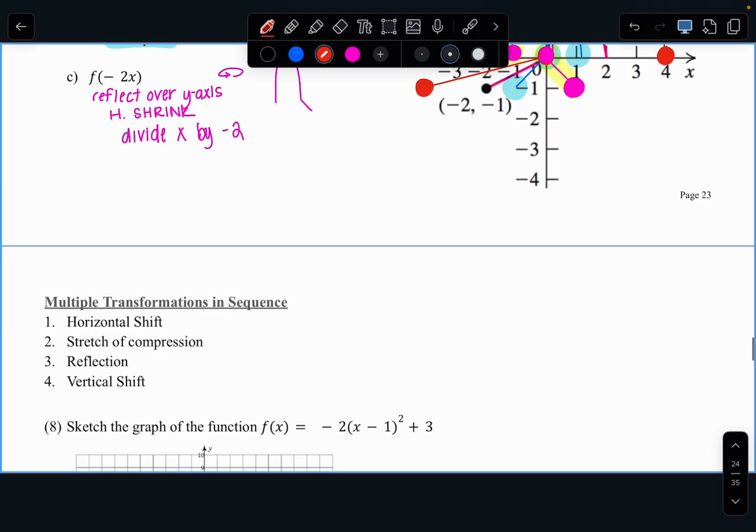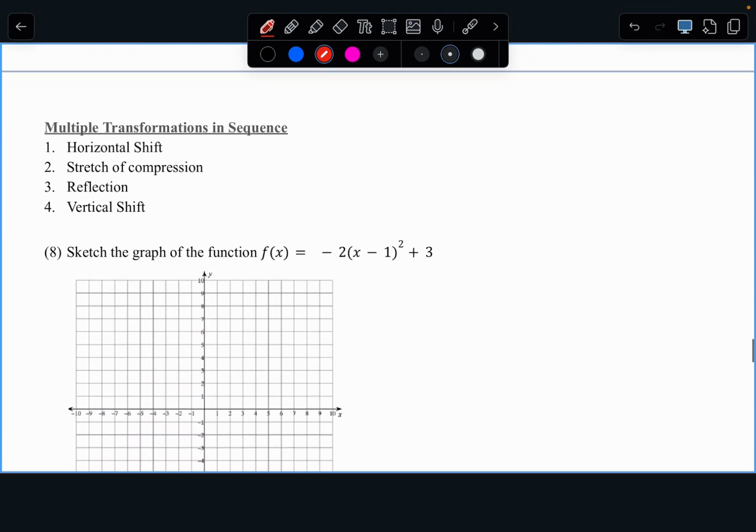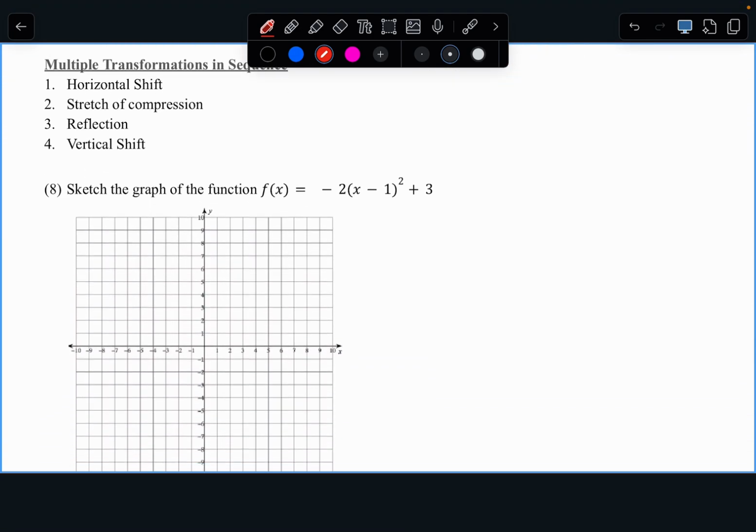All right. Instead of sketching, because you're able to use a calculator to plug in and graph and simplify, we're just going to describe the transformations. We're going to work from the inside out.